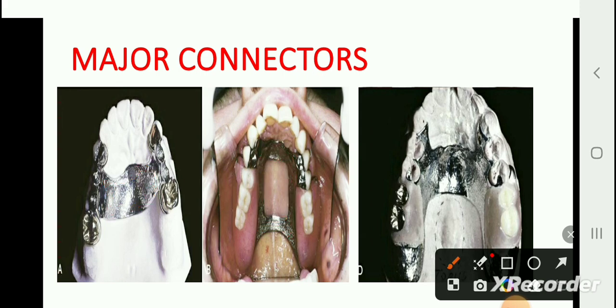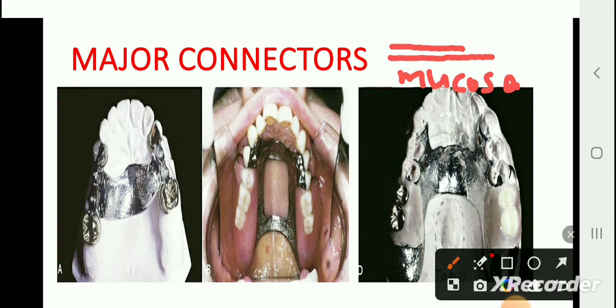Next point: beading of the palatal major connector, exclusive of the rugae area, produces positive tissue contact. It means, suppose this is the mucosa and this is the major connector.